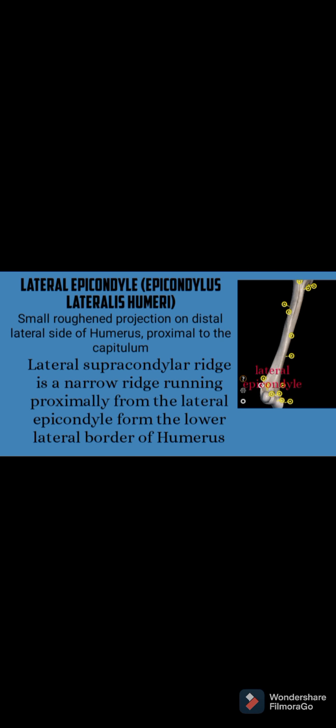The medial epicondyle, which is also called epicondylus medialis humeri, is a knob-like projection that is present on the medial distal surface of the humerus proximal to the trochlea. The ulnar nerve crosses the posterior of the medial epicondyle into the shallow ulnar sulcus.